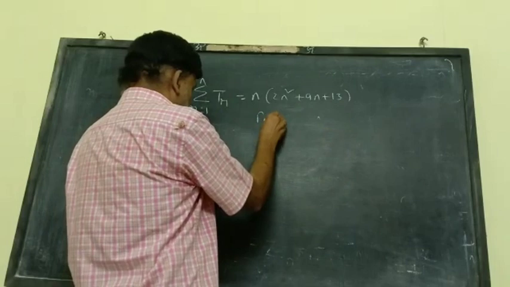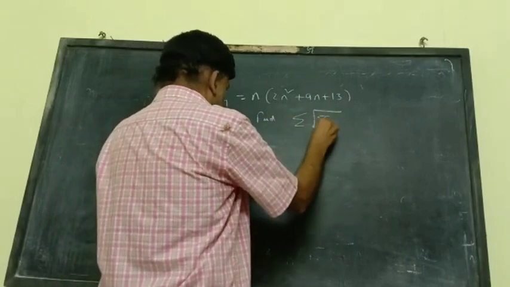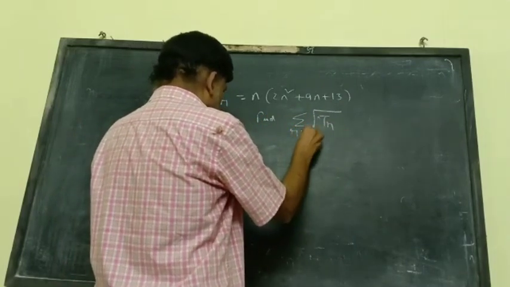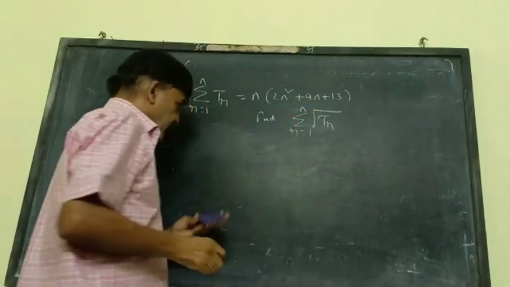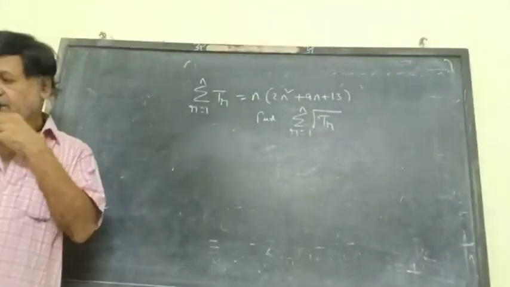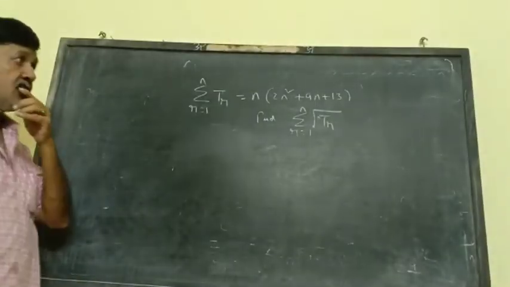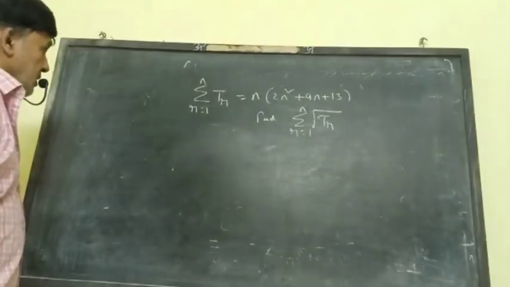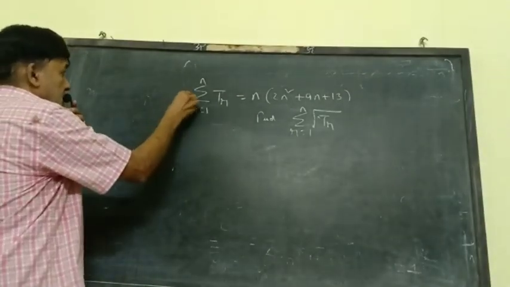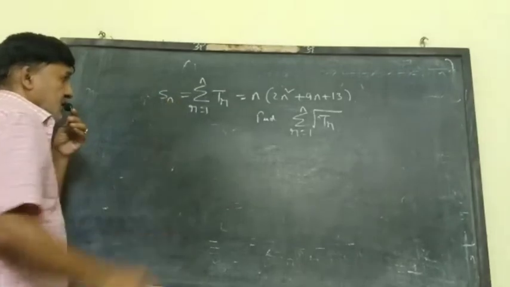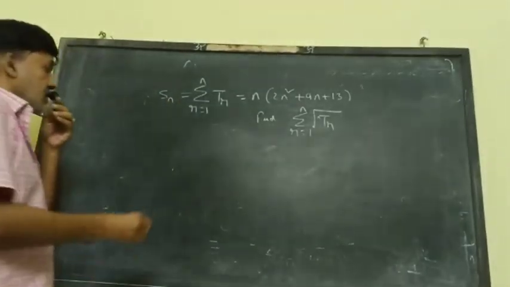Find sigma root of Tr, with r ranging from 1 to n. Sigma root of Tr is how much? So this is actually your Sn. Sn is equal to this.